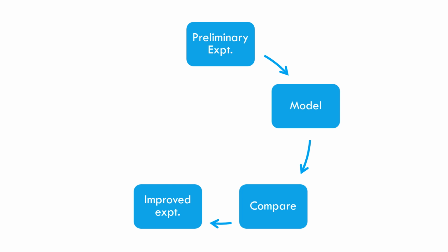So whether it's from this improved experimentation or from even the preliminary experimentation, we might get enough insight to improve the model. Maybe we are missing some physics. So modeling and experimentation go together.